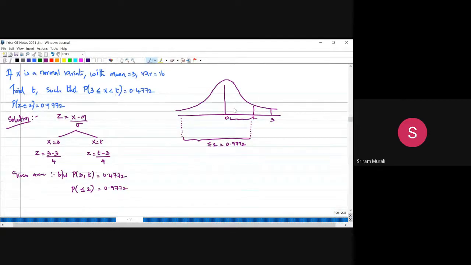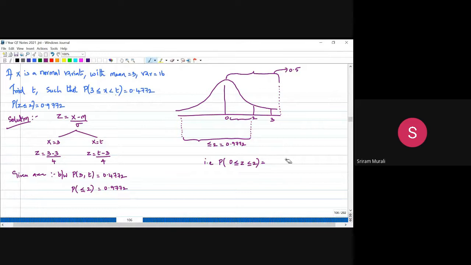The right side area is 0.5. From the total area, I should subtract 0.5. That is the probability between 0 and 2. The total area 0.5, I should subtract this value.